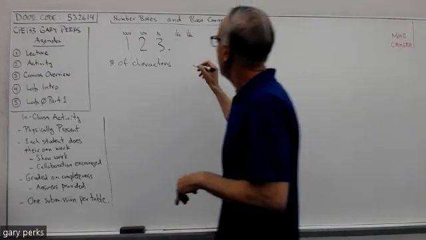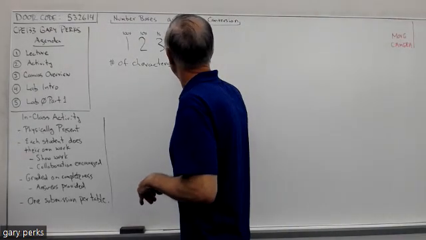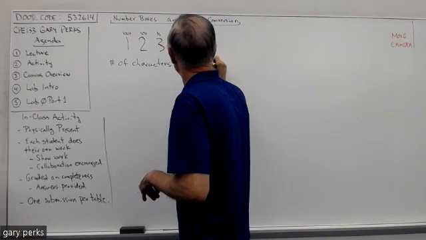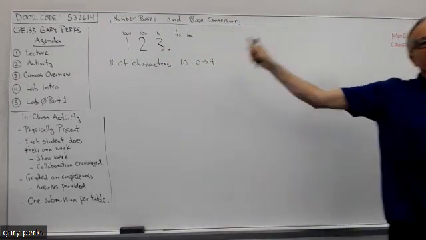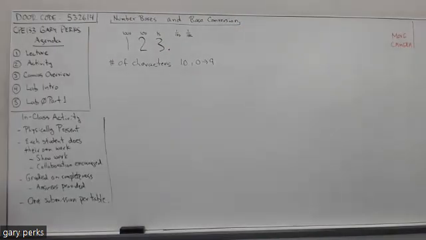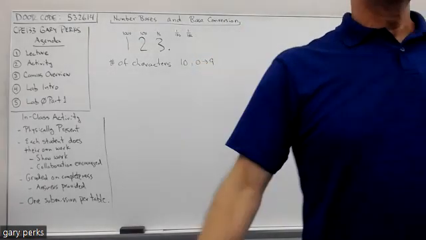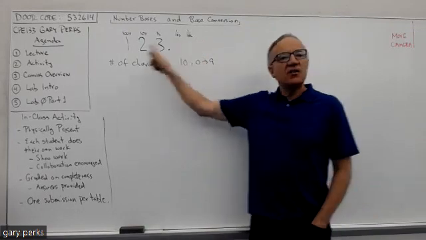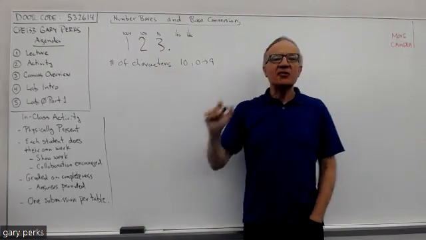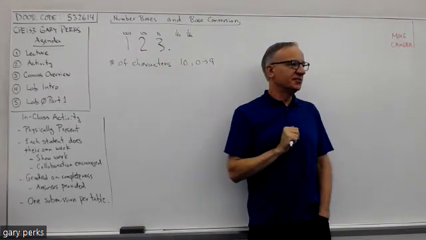So we have 10 characters, 0 through 9. Well, what you already know about base 10 applies to any base. All bases have the same number of characters as the base. All bases have these columns with certain values.